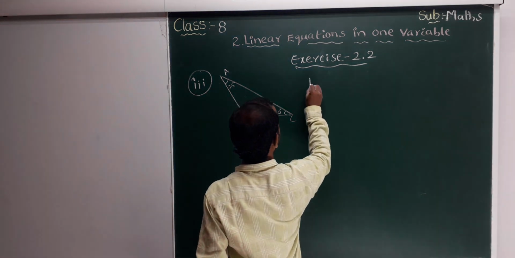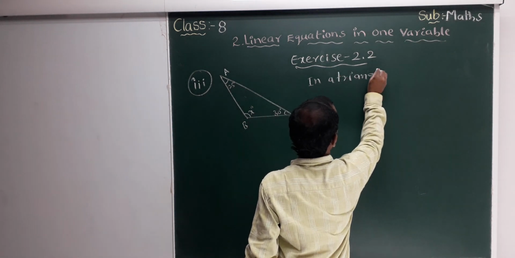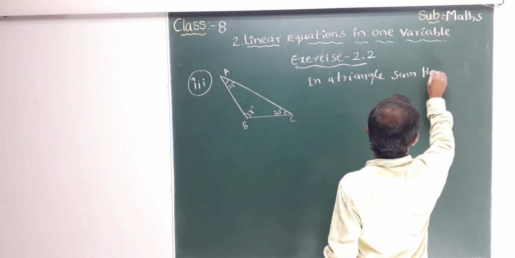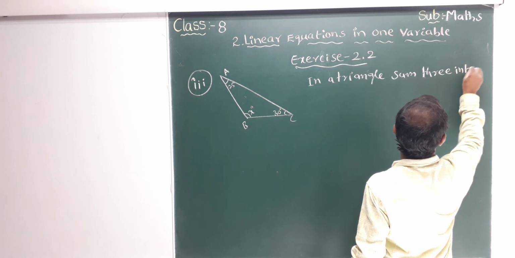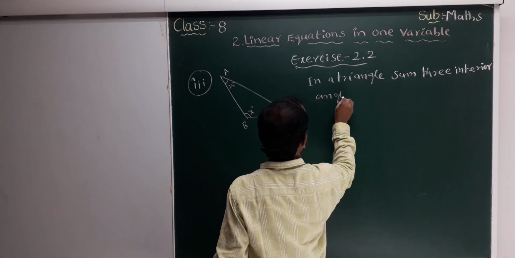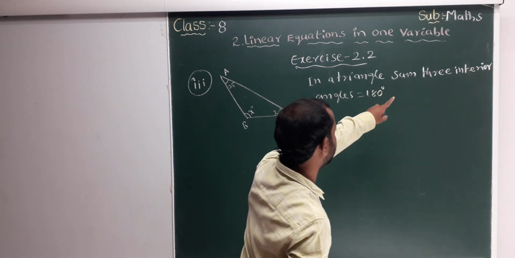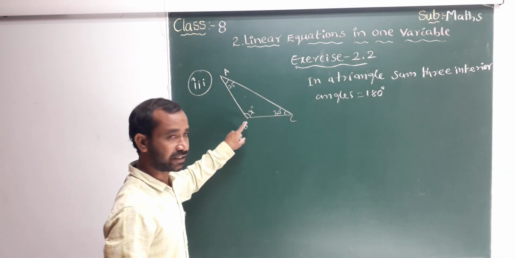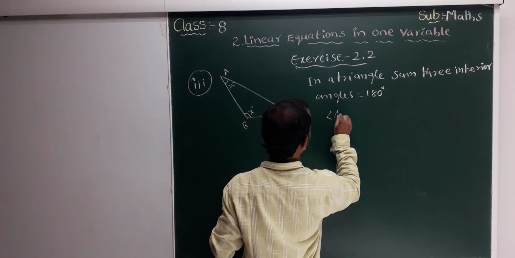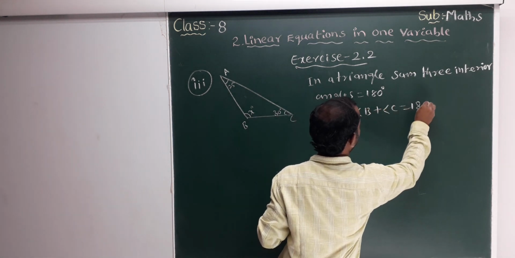In a triangle, the sum of three interior angles equals 180 degrees. Angle A plus angle B plus angle C equal to 180 degrees.